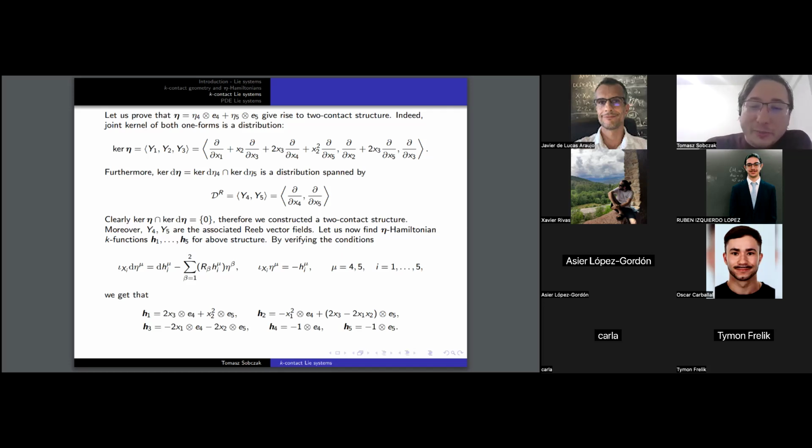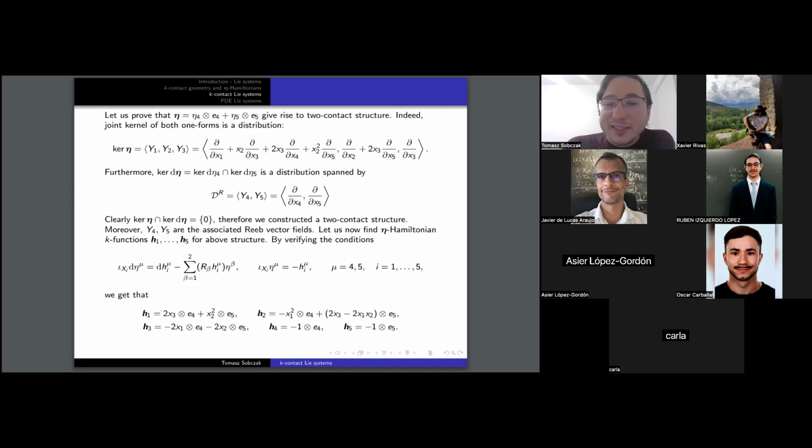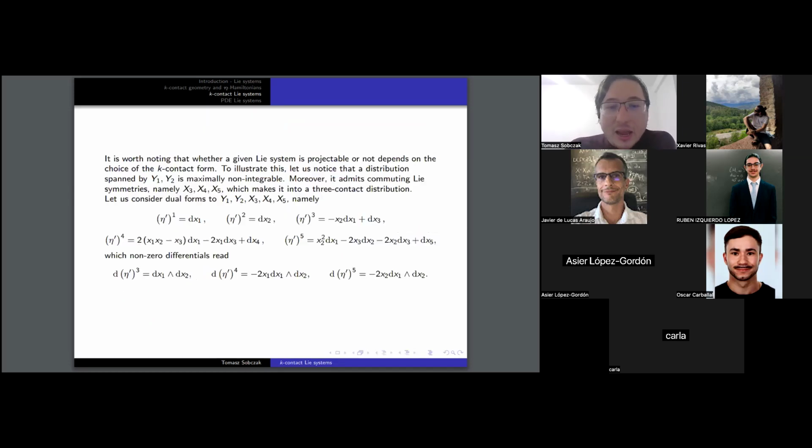However, using the theorem I was talking about with these decompositions, how to make the k-contact distribution, how to view the k-contact Lie system via the k-contact distributions, allows us to construct another k-contact form, a little bit more interesting one. Meaning that we are doing all the same. We find that our Lie system is a Lie system, meaning that we find these commutation relations. If it's locally automorphic, we can find the symmetries of it really nicely.